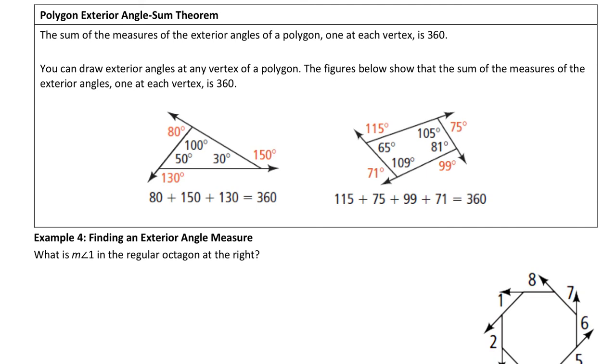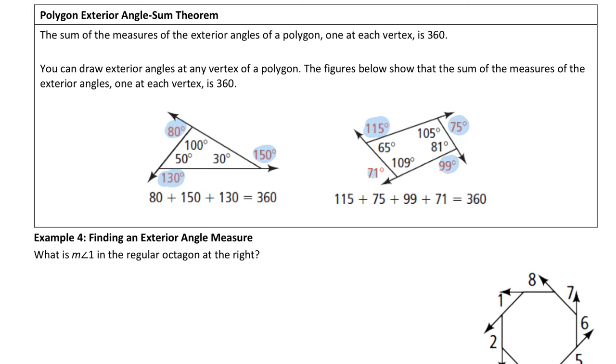So the exterior angle of a polygon is if I extend a side and create an angle with that extended side and an existing side. So if I extend one of the sides, this one exterior angle is 80. Another one is 150. Another one is 130. Every polygon, the exterior angles will add to equal 360.